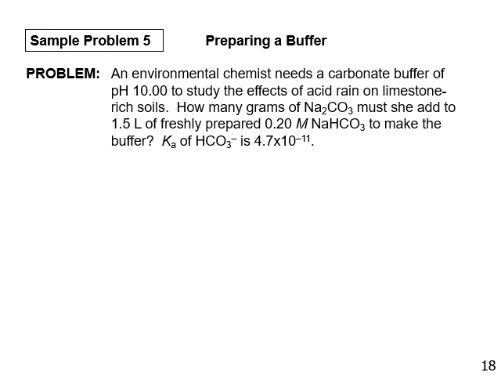So first thing we understand from here is that you need to make a carbonate buffer. The pH of the buffer should be 10 once made, and the question is asking how many grams of the salt, sodium carbonate, should you add.